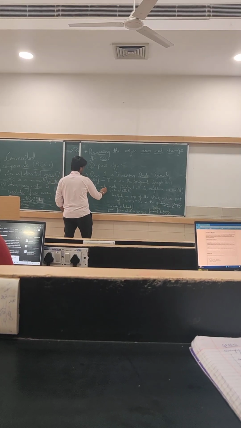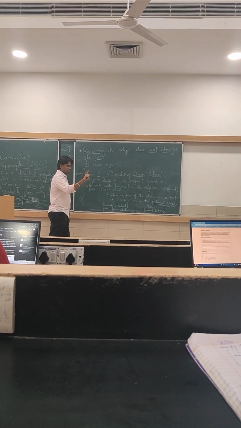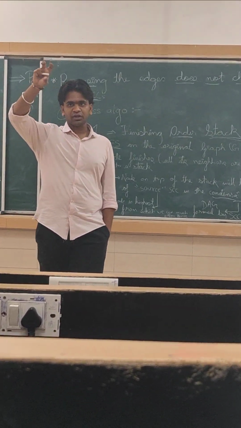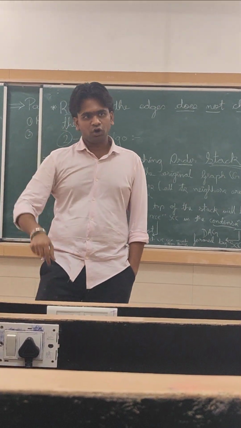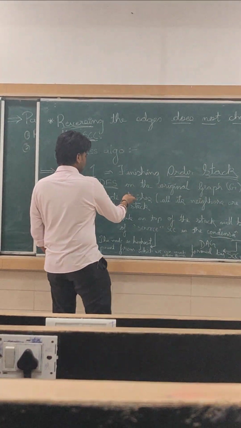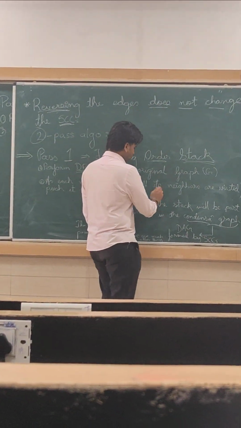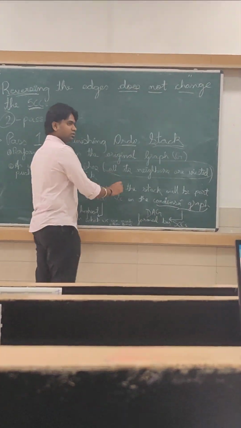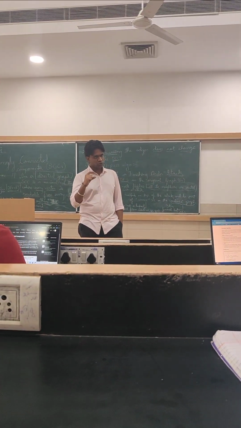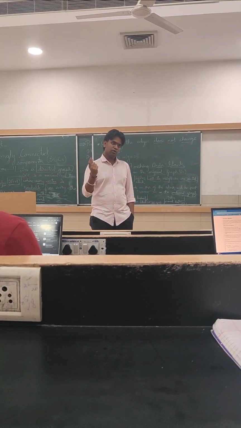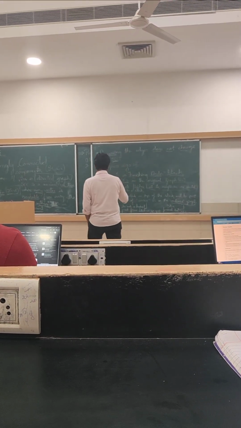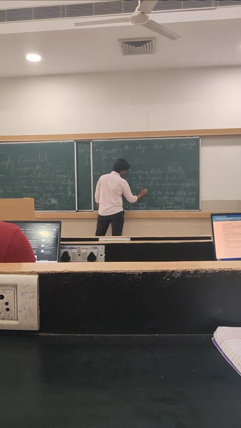Once you are done, as each node finishes, in depth first search you take a node and fully explore it, and after it finishes you mark it visited. What does it mean when a node finishes? All of its neighbors are visited. While applying DFS, once a node is finished, meaning all of its neighbors are visited, you push that node onto a stack.